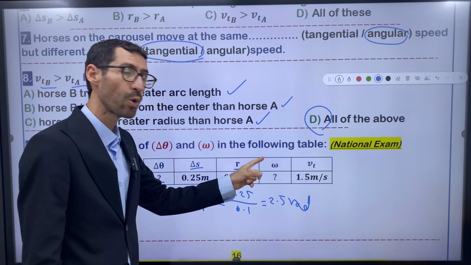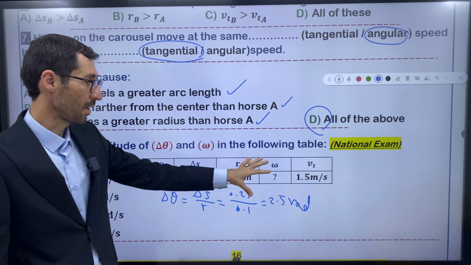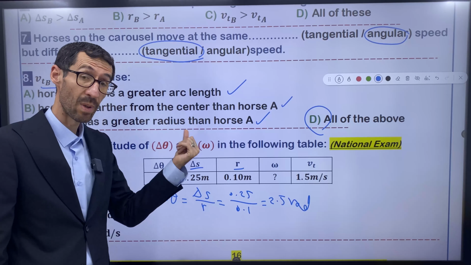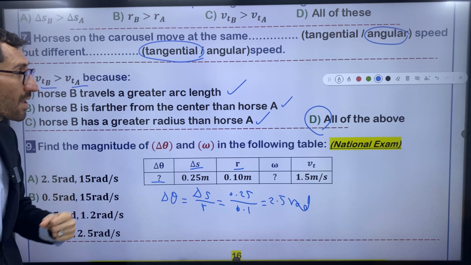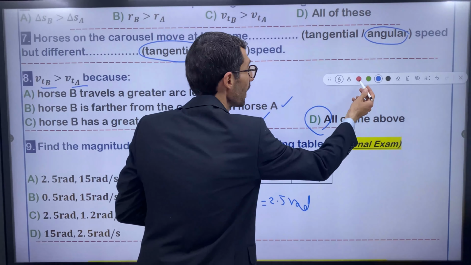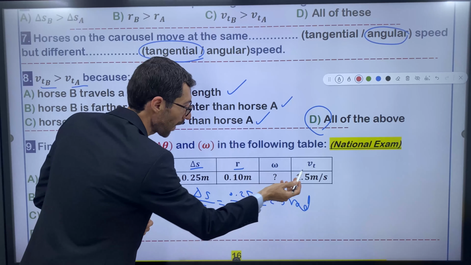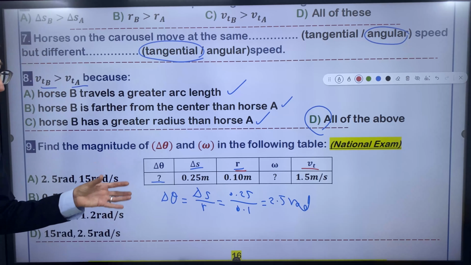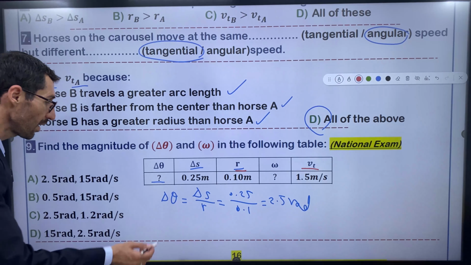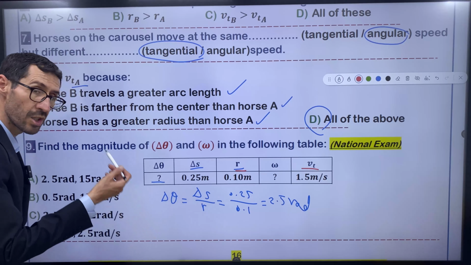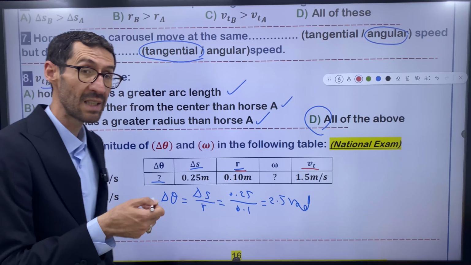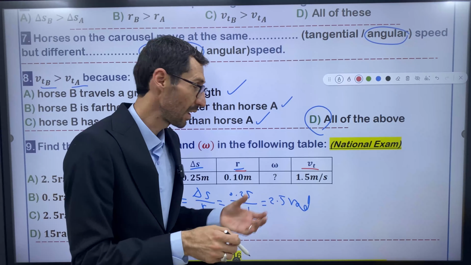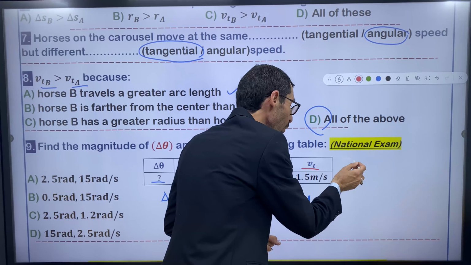What do you say about omega? Is information available for finding omega or not? Of course, because we have, let me change the color of the marker, because we have VT and R as well. By means of VT and R, we can find omega. Jog your memory, think about it. Guess the rule before I write the rule. I look for omega.